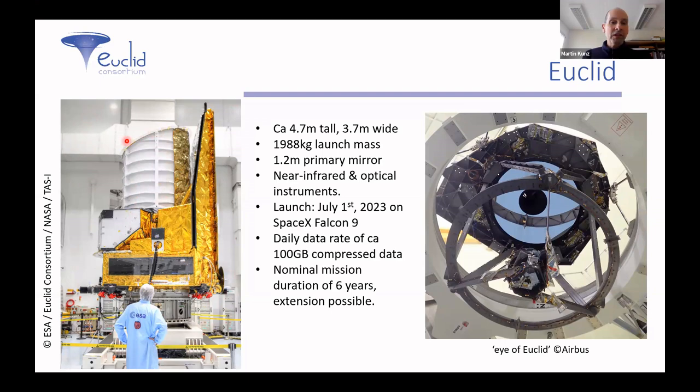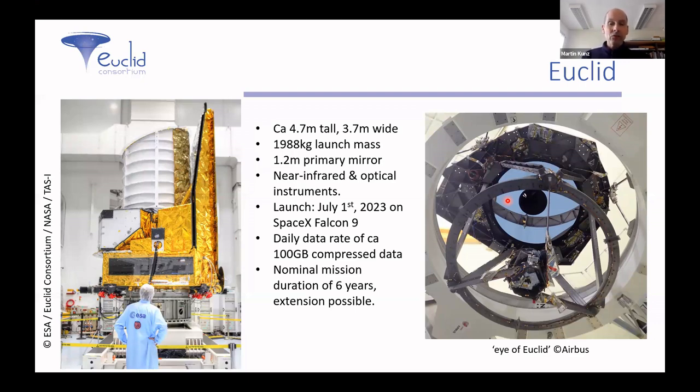This here is the telescope part, this here is the sun shield, and down here are the detectors and the rest of the things needed to have a satellite. So it's not a very big telescope. It has a 1.2 meter primary mirror, which you see here. However, because it is in space, it has an excellent image quality, so it reaches nearly the quality of the Hubble Space Telescope. It has, however, a much wider field of view, as we will see.